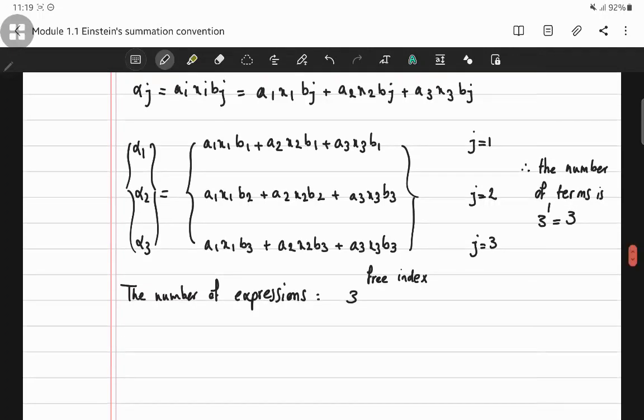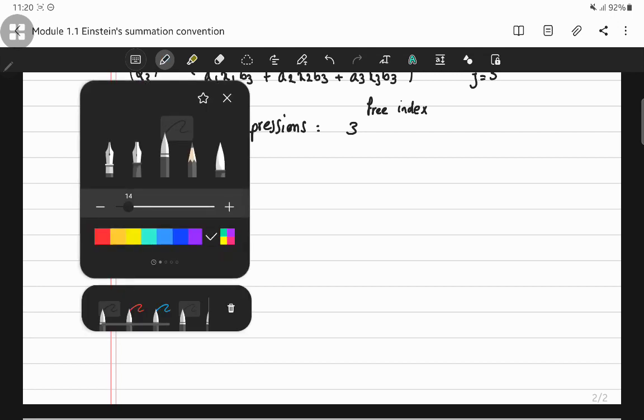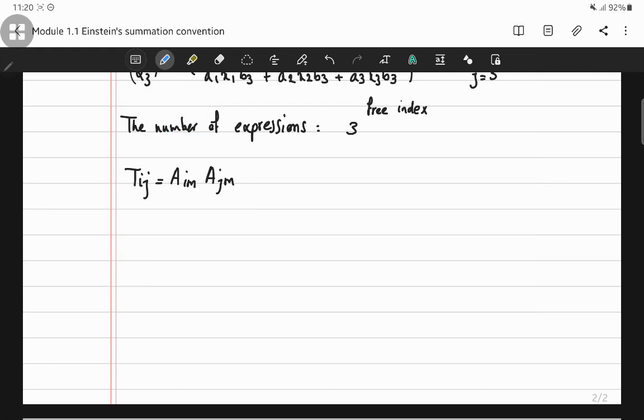Let's expand this. Let's say that we have an expression like T_ij is equal to A_im A_jm, as is given in the book. Here, let us distinguish the free indices and the dummy index first.